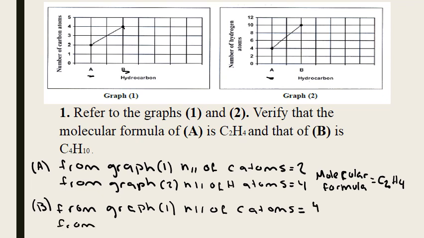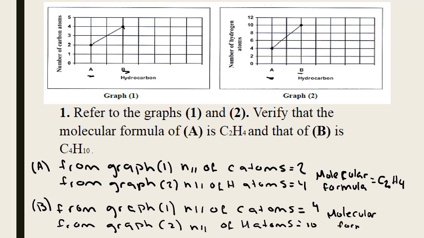From graph 2, the number of hydrogen atoms, look at B, it's 10. So here it's 10. Therefore the molecular formula is C4H10.